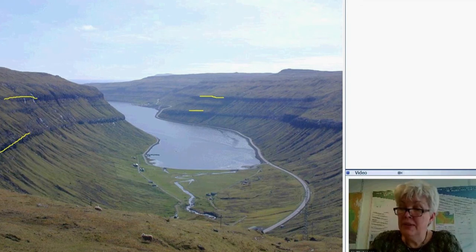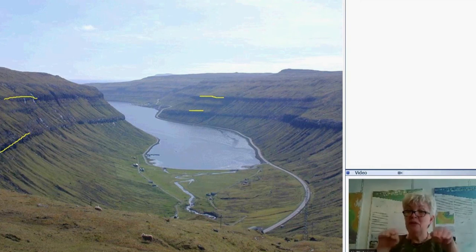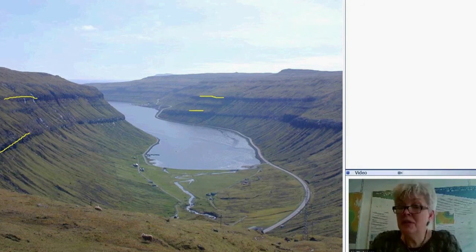And this happened when the North Atlantic Ocean opened about that time in this area. What we're going to hear about is how this quite flat landscape was transformed into the deeply eroded, glaciated landscape that we are looking at today.